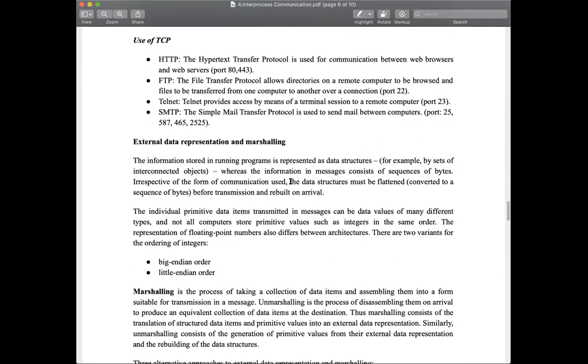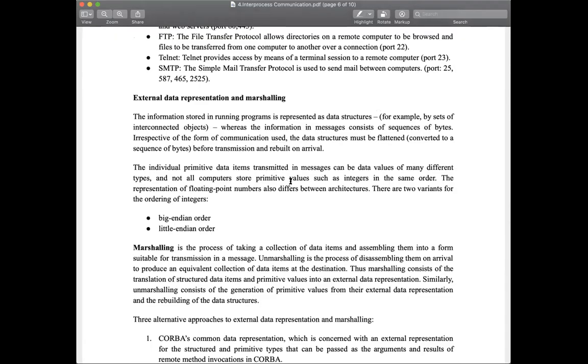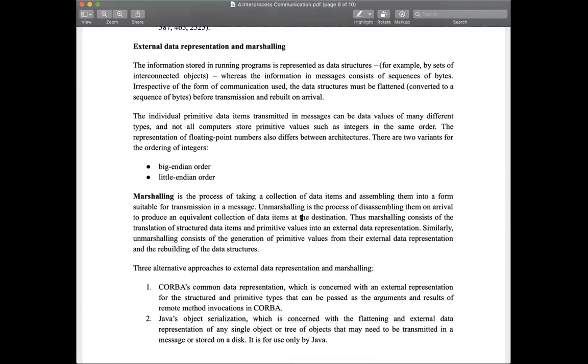When you are talking about objects in our processors, and transferring objects between two processors, we have to talk about external data representation and marshalling, right? We are familiar with objects; in Java itself, we are referring to objects.